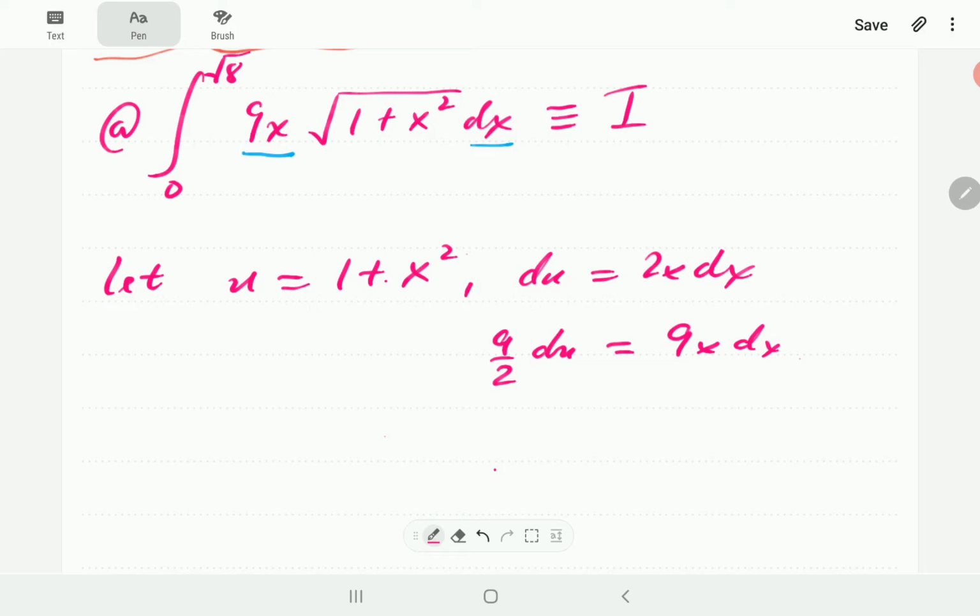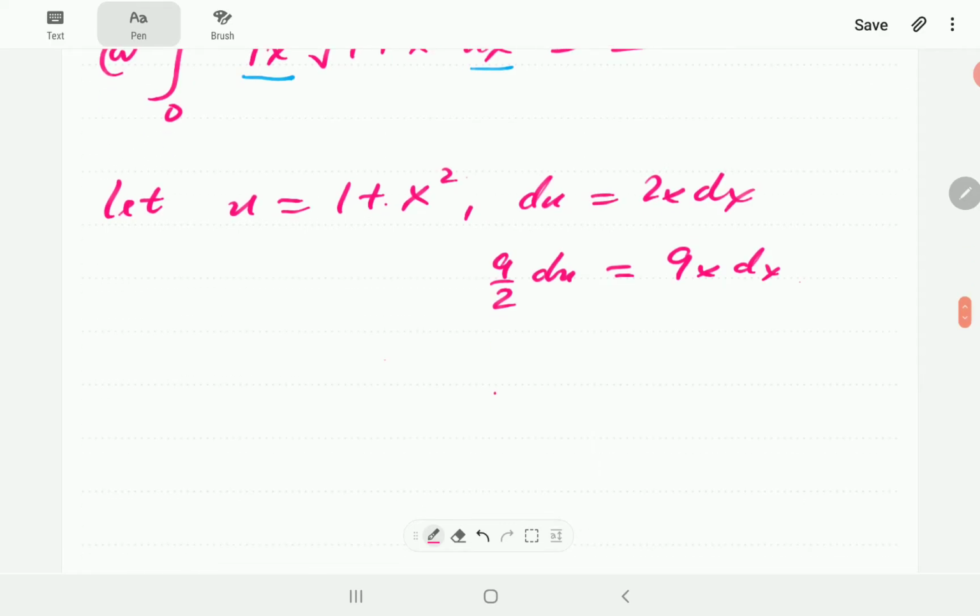Now, something that's going to be an addition to what we did when we did the u substitution is the fact that we have got limits now. So when we've got limits, we also need to transform them from the x variable and write them in terms of u.